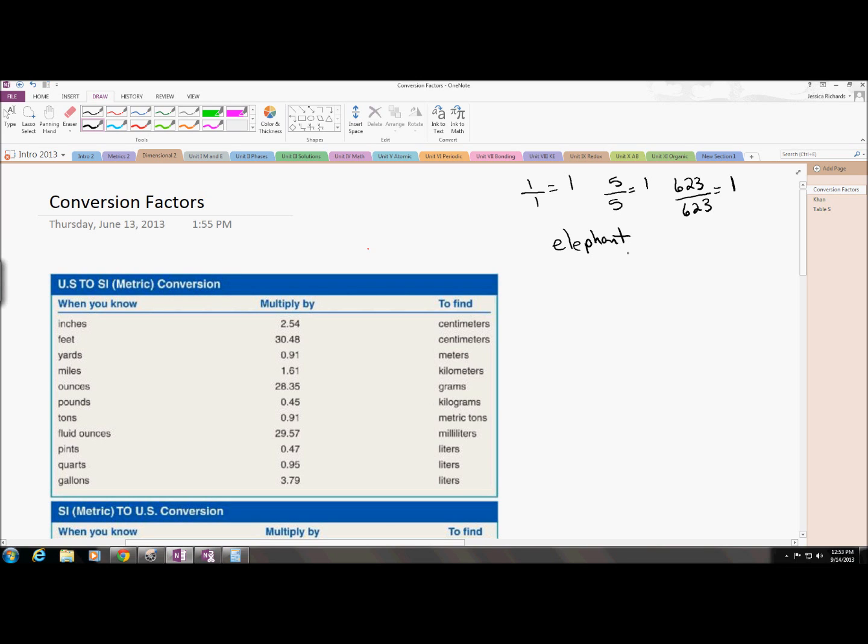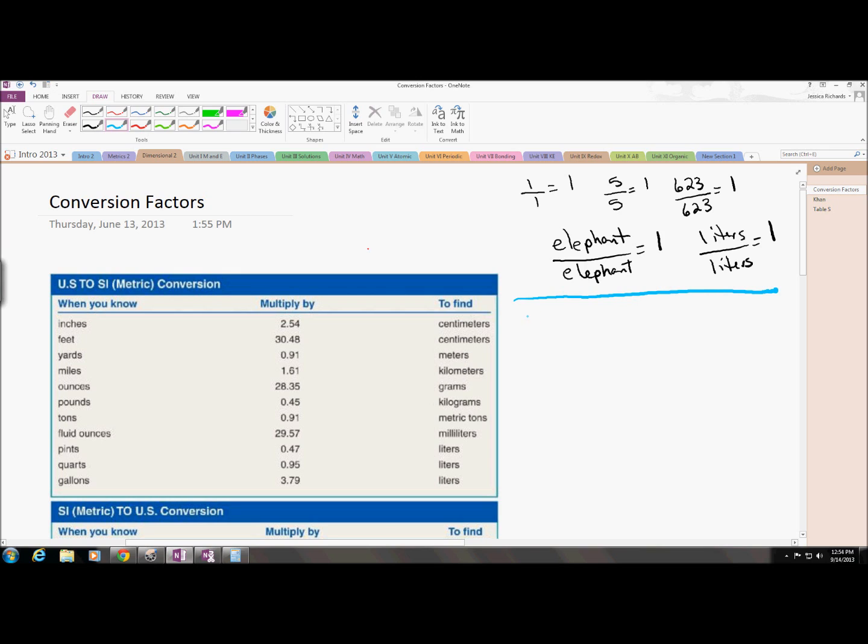Elephant divided by elephant equals 1. They'll cancel. So think of this in terms of science. If I have liters and I divide that by liters, liters divided by liters will cancel, and that equals 1. Okay, so that's the first really hard algebra concept you need to remember from way back in the day.